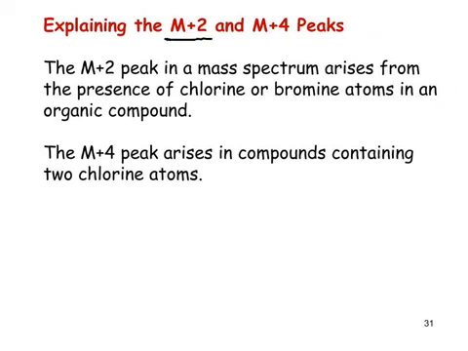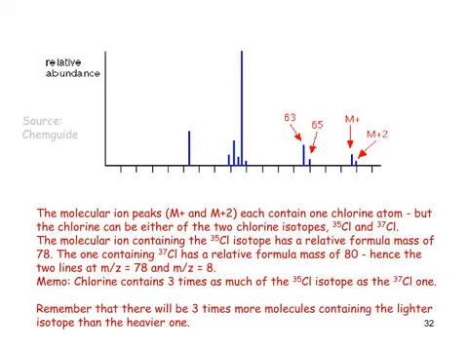Now, we're going to finish by taking a look at the so-called M+2 peak and M+4 peak. This comes up with regard to the presence of chlorine and bromine isotopes within molecules. It's on your syllabus and you need to take this in fully. There's a so-called M plus ion, and then there's the M plus 2 ion.